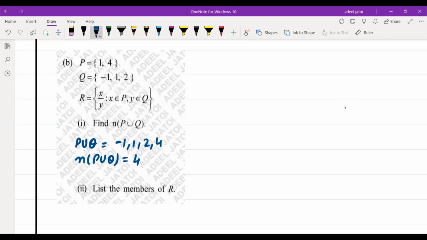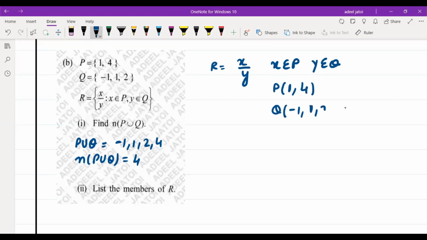Now list the members of R. Your R is x upon y, and x is an element of P and y is an element of Q. Now you need to understand that P is {1, 4} and Q is {-1, 1, 2}.